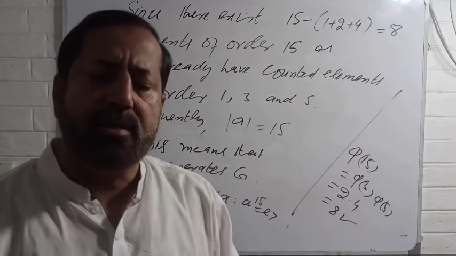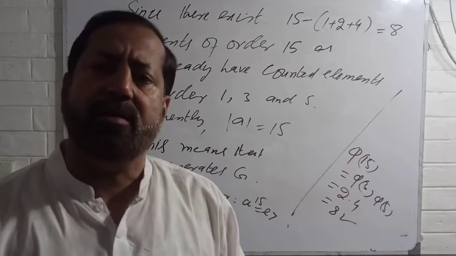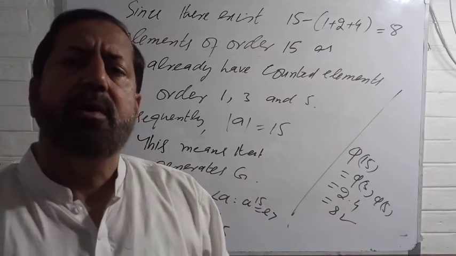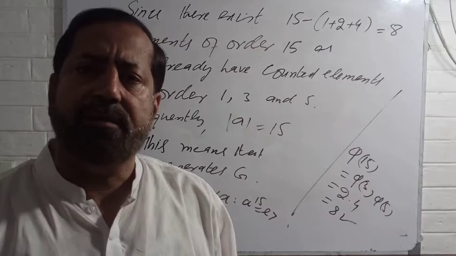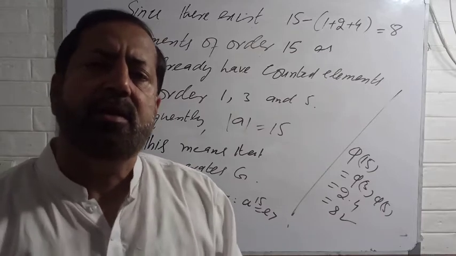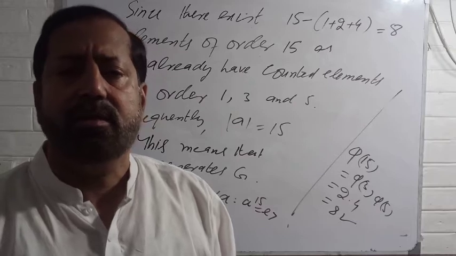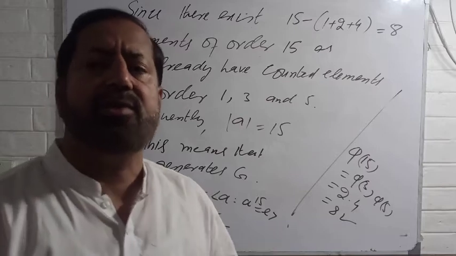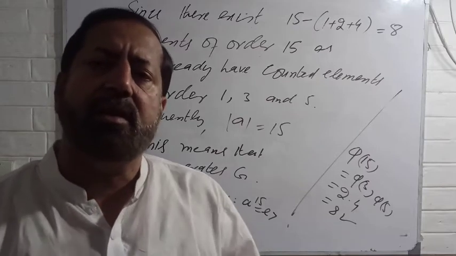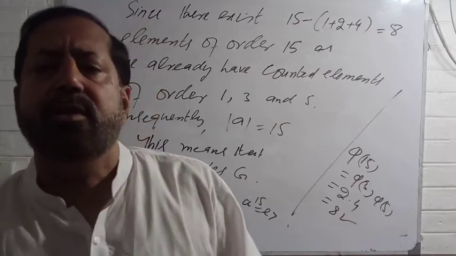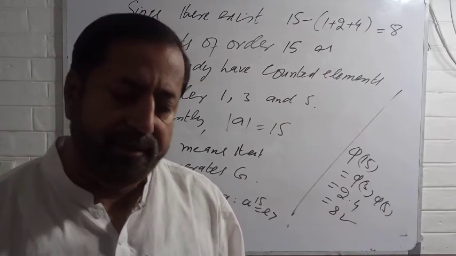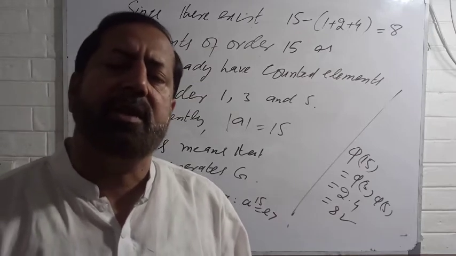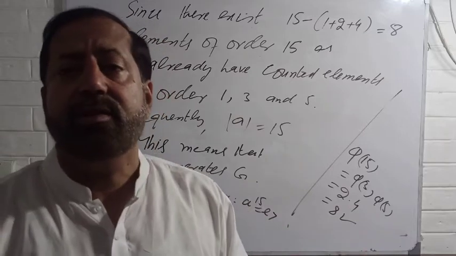Since the order of an element is a divisor of the order of the group, which was 15, and the divisors of 15 are 1, 3, 5 and 15, the order of the rest of the elements is 15. You have counted 7 elements, so the rest are 8 elements of order 15. That is, you have a generator, an element which can generate the entire G. That's why G is cyclic.